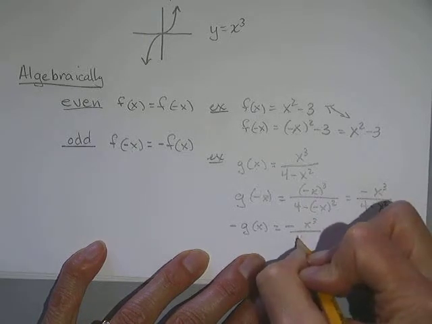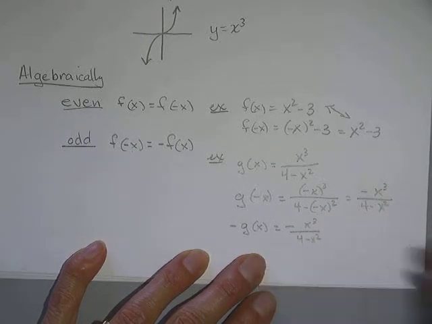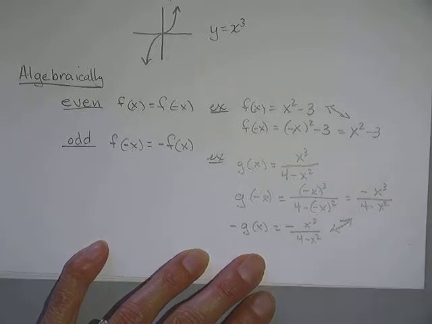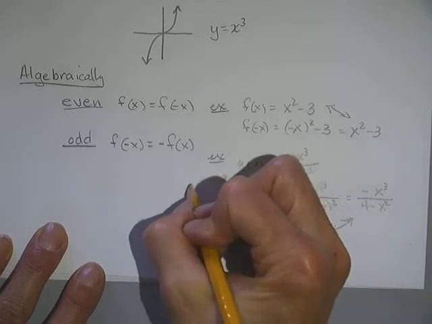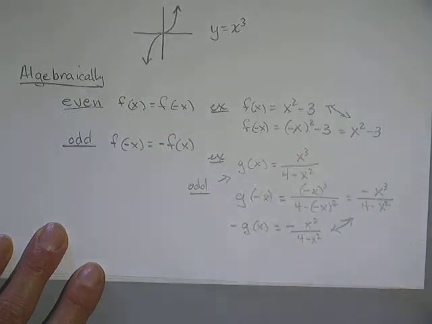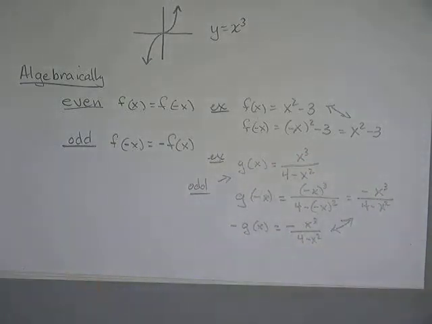Down here, this is going to be x squared. So that's what I'm left with. What does negative g of x look like? Well, that just means the negative of x cubed over 4 minus x squared. Well, look at that. They're exactly the same, which means this function right here is odd.